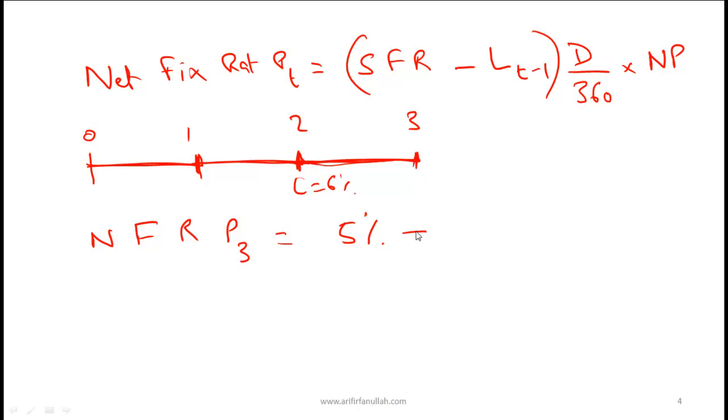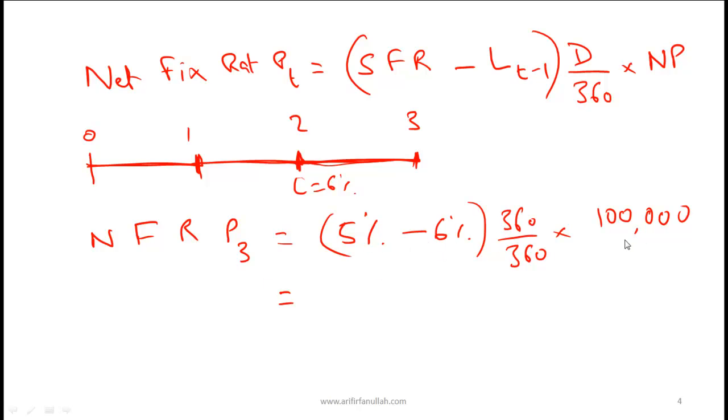So we said 5% minus 6% into number of days over 360. In this case, we are taking a full year. So we basically have 360 over 360 multiplied by our notional principal, which was 100,000. So basically we get minus 1% of 100,000. So we simply have a minus 1,000.